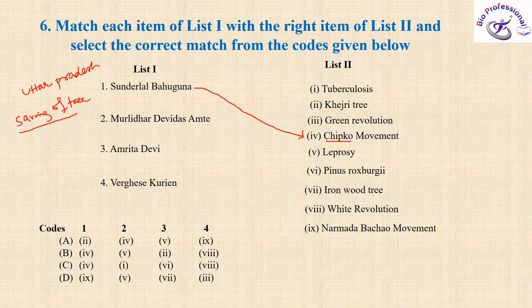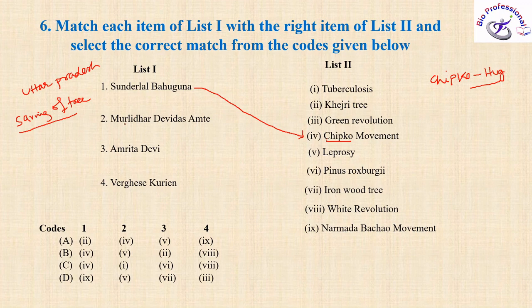The literal meaning is to hug. In Uttar Pradesh they are Hindi speaking people, so Chipko means hug. People started hugging and holding onto trees when they were being cut. So basically this is a movement to save the trees.